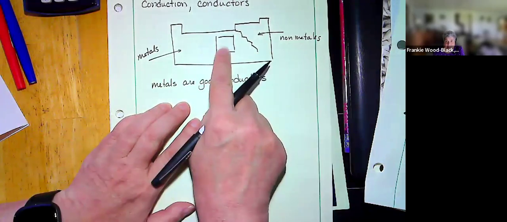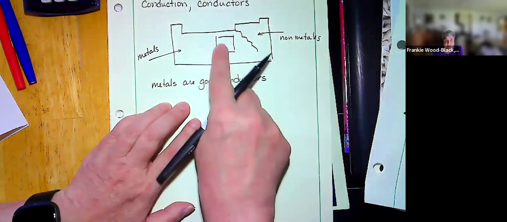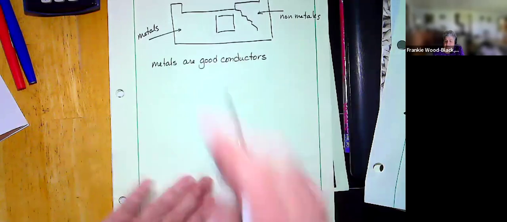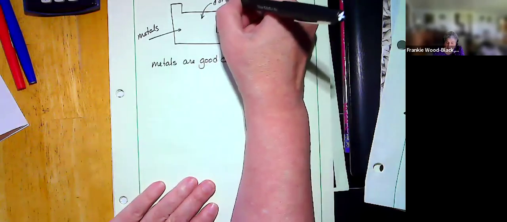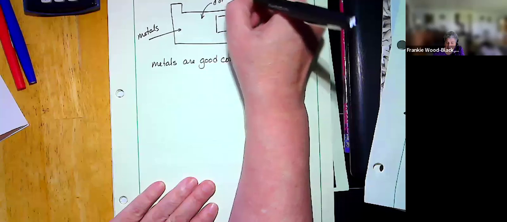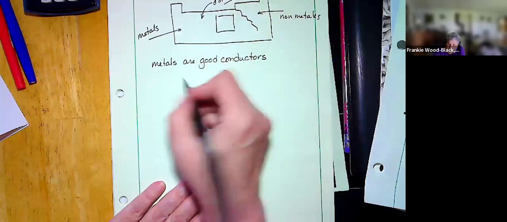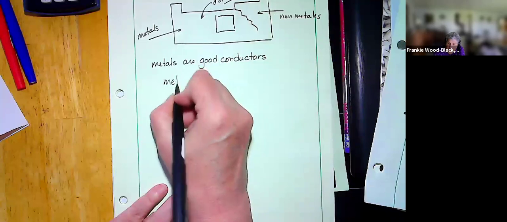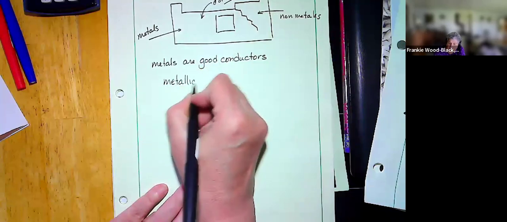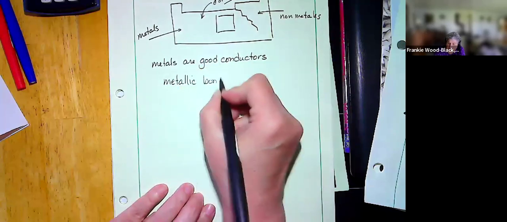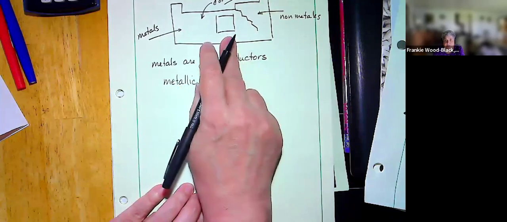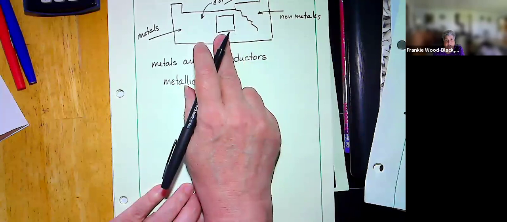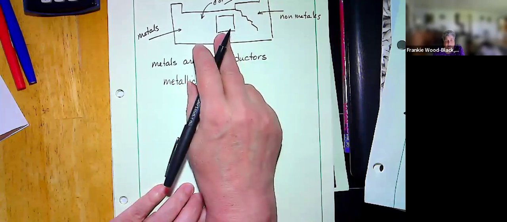The reason that this is where my best are is because these are d orbitals, and these have metallic bonding. These have a lot of electrons in their outer shells.